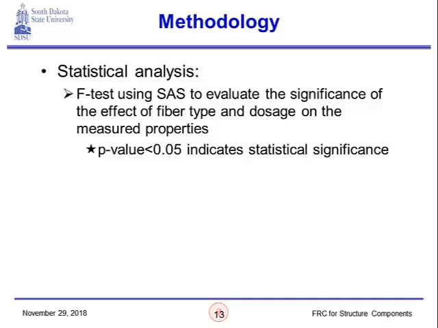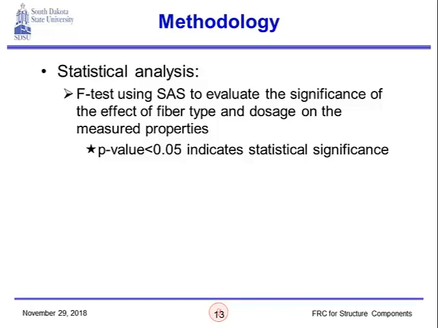I'm not going to go into details into the exact mechanism of this test, but it's called the F test, and it basically measures the significance of the effect of fiber type and dosage on each of the measured properties. So this statistical test would give us an idea about whether the fiber types, or the different fiber doses, really affected a certain property or not.